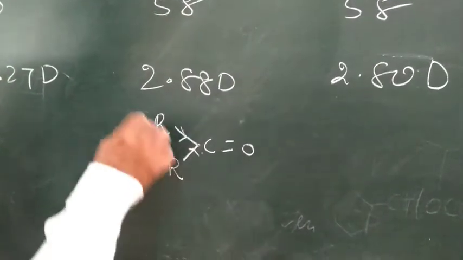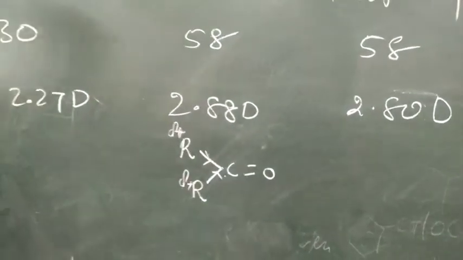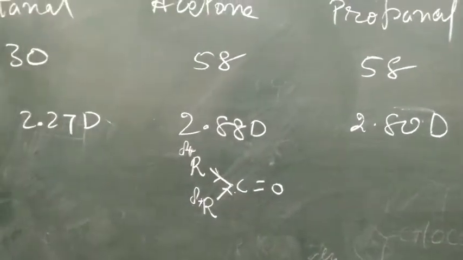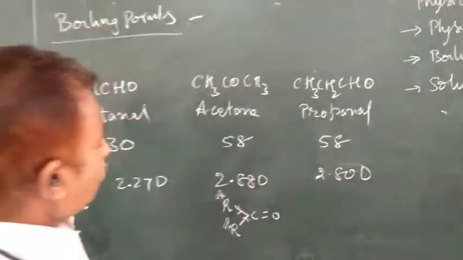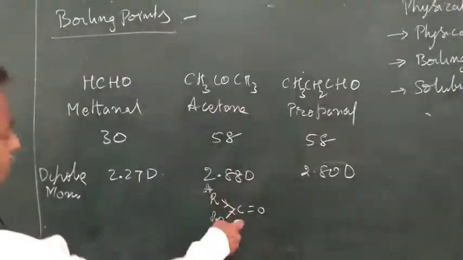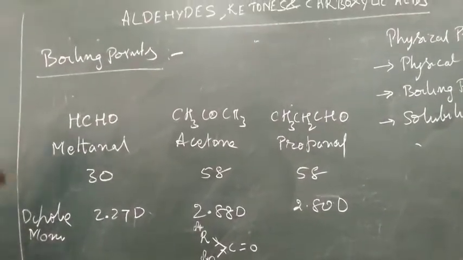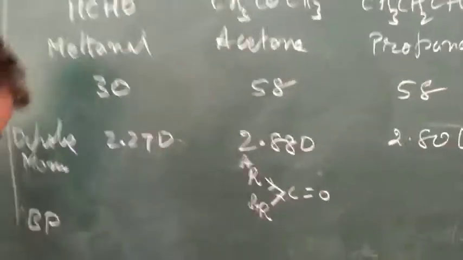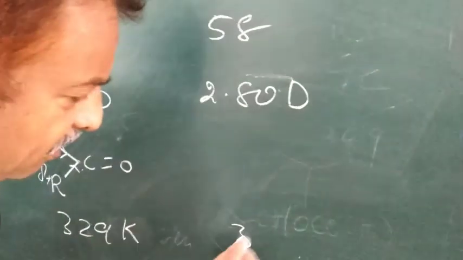Therefore, a partial positive charge is formed, and they repel each other. Hence, the dipole moment is more. Thus, in isomeric aldehydes and ketones, the dipole interactions are more, and because of that the boiling points here are 329 K and here 322 K.